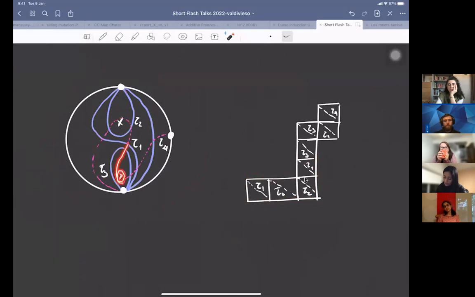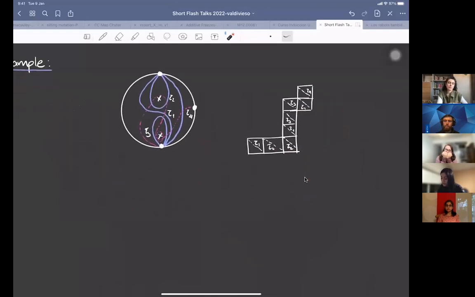This other part is given by this part, and the last part is given by this one. So basically it's the same, we just need to consider each piece separately and then glue them together.